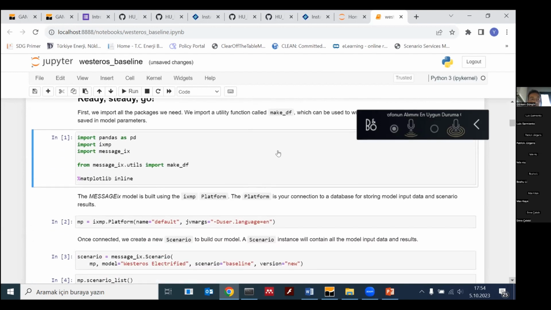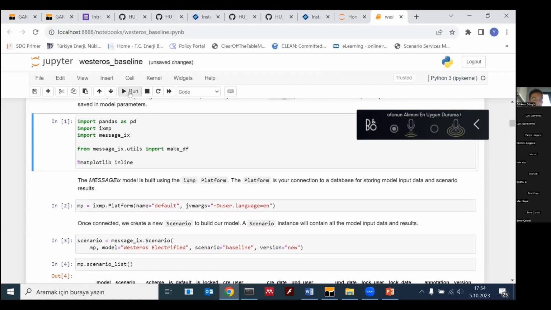First, we have to import the libraries. Pandas is for visualization. ixmp is for connecting with the database. And message_ix is for converting the Python code to GAMS input for solving the optimization problem.